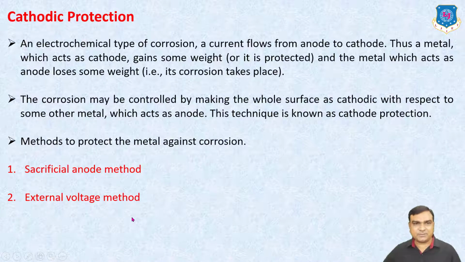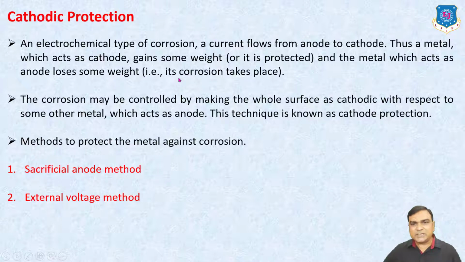Cathodic protection. In an electrochemical type corrosion, a current flows from anode to cathode. Thus, a metal which acts as a cathode is protected, and the metal which acts as an anode loses some weight.